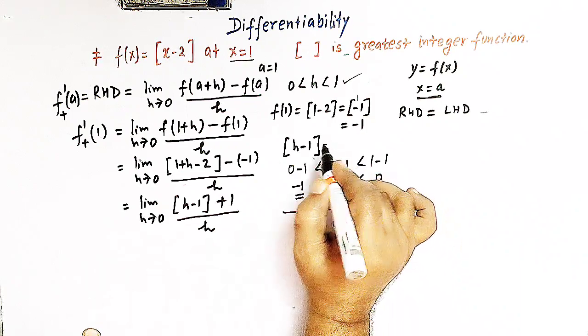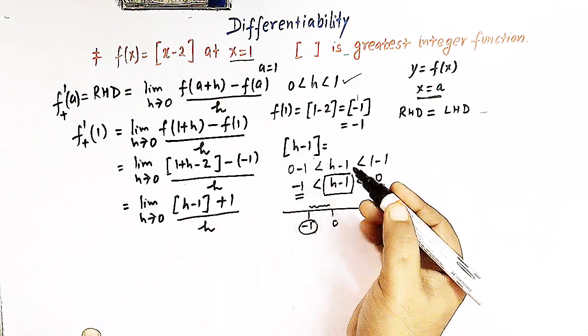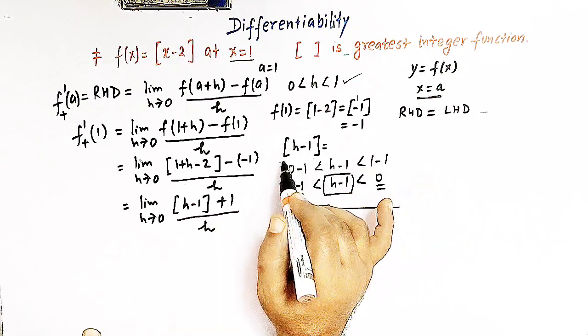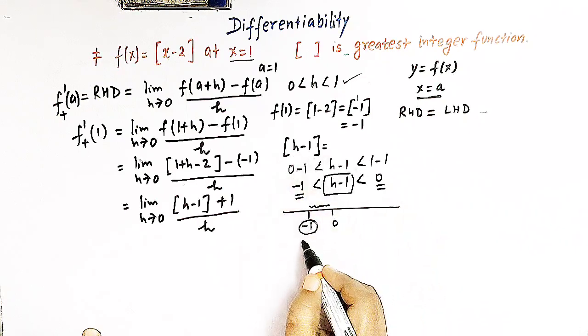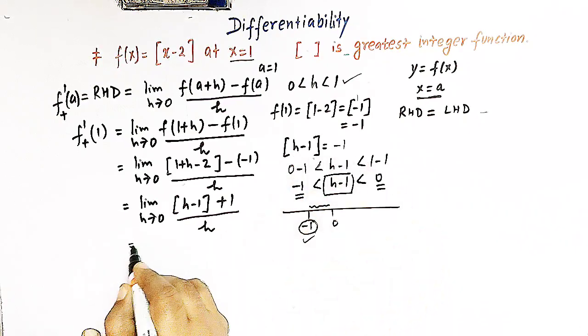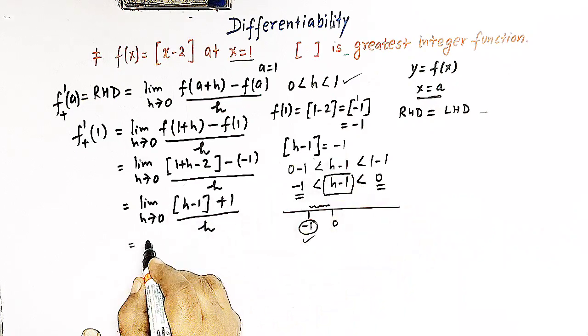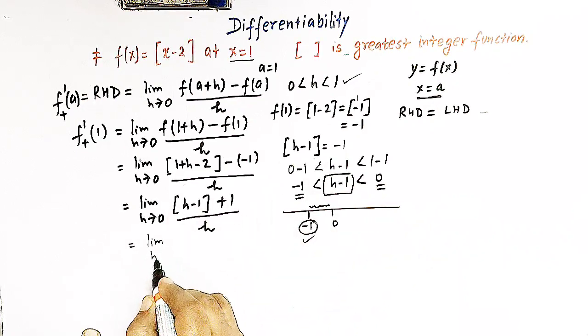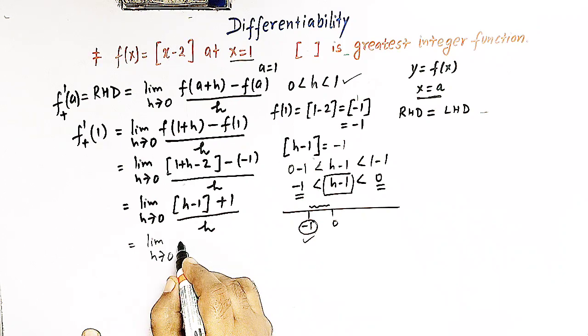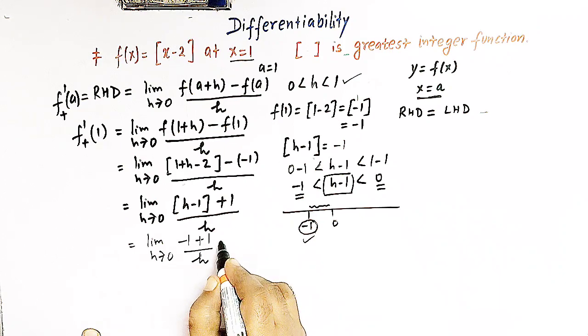So the value of greatest integer of h minus 1, by the definition of greatest integer function, should be equal to minus 1. So here we can replace this quantity by minus 1. So we have limit h tends to 0, and here we have minus 1 plus 1 over h, right?